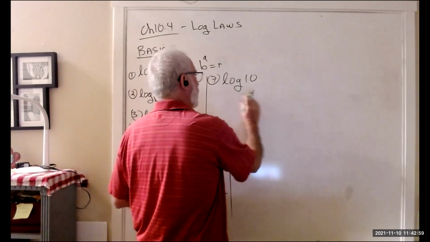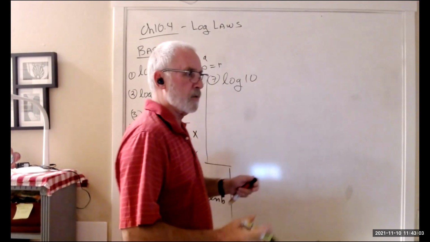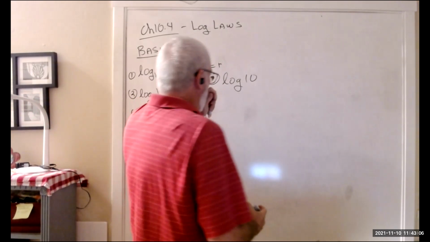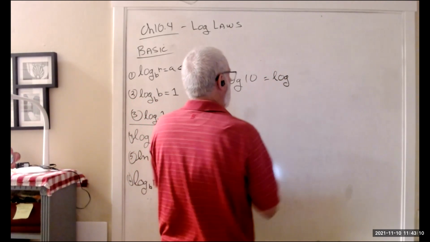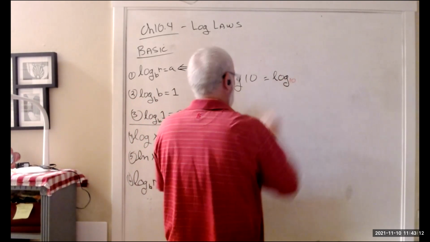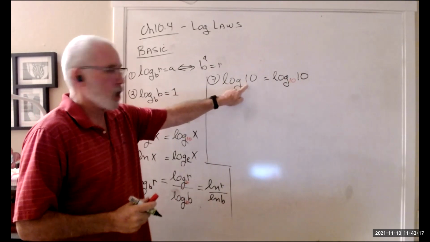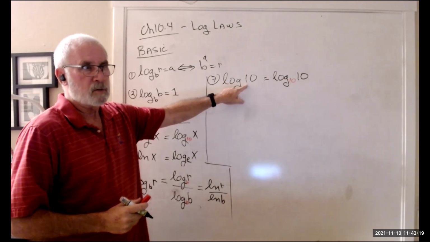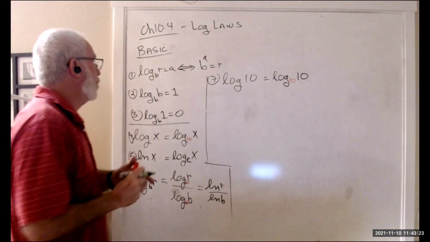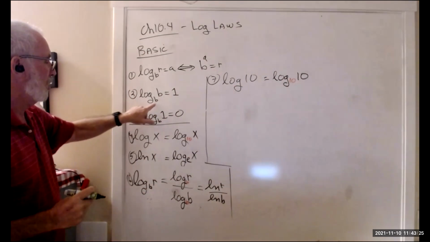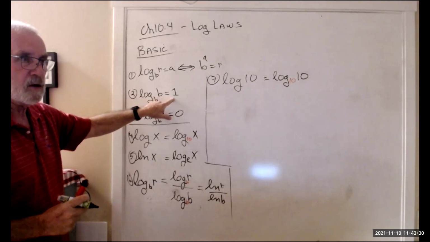The log of 10, hang on, let me write this up. I'll give you the answer and then I'll erase all my work. The log of 10 is the same as the log base 10 of 10, because when we write log, it's implied to be base 10. But wait a minute. According to this rule here, the log base B of B is always 1.